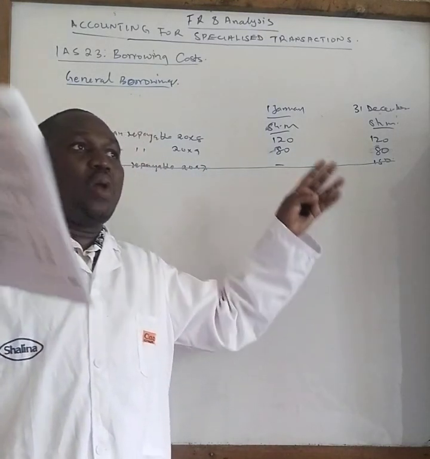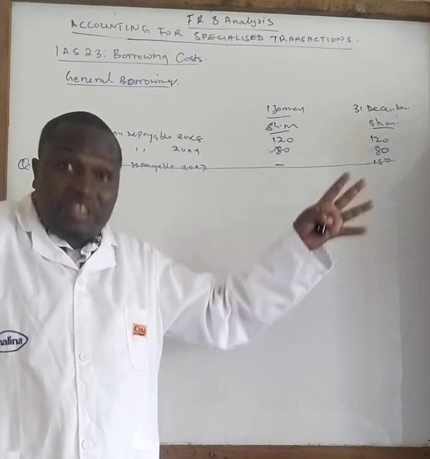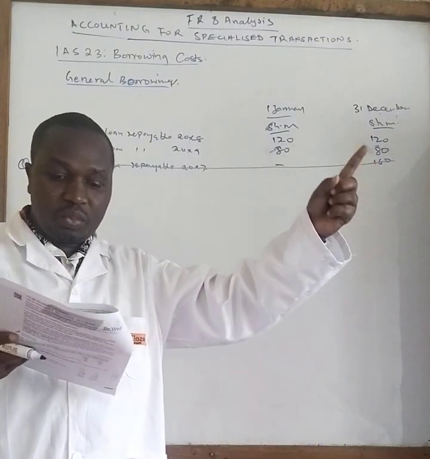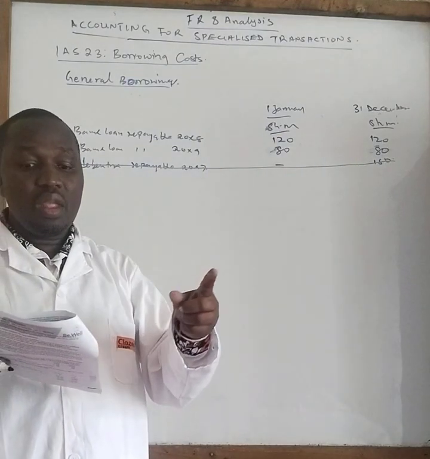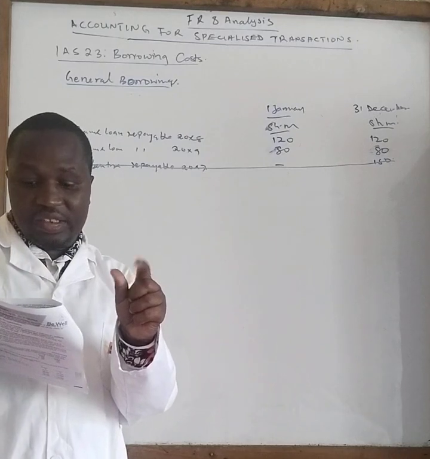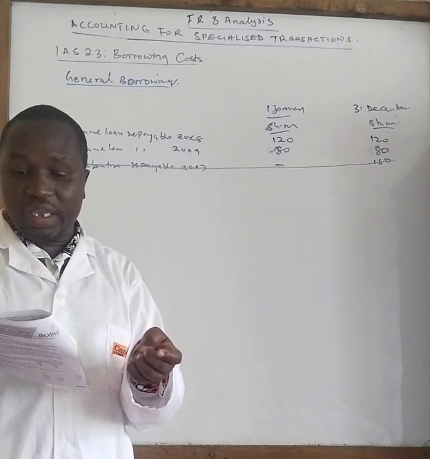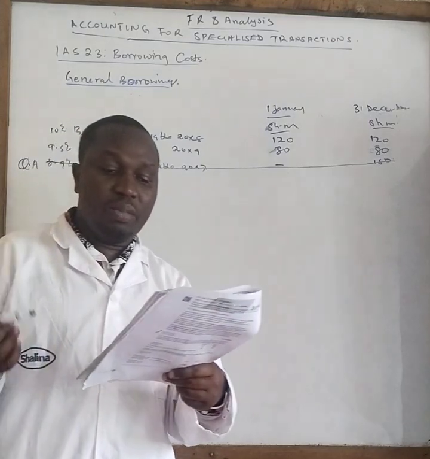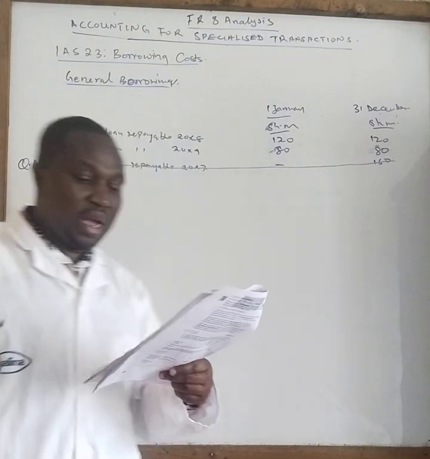So if you want to calculate the borrowing cost, it should be for this period. Which year is that? 20x6. So from January to September, there was an amount that we are investing somewhere, but we have not been told anything to do with the investment in this matter. We've just been told to calculate the borrowing cost to be capitalized.